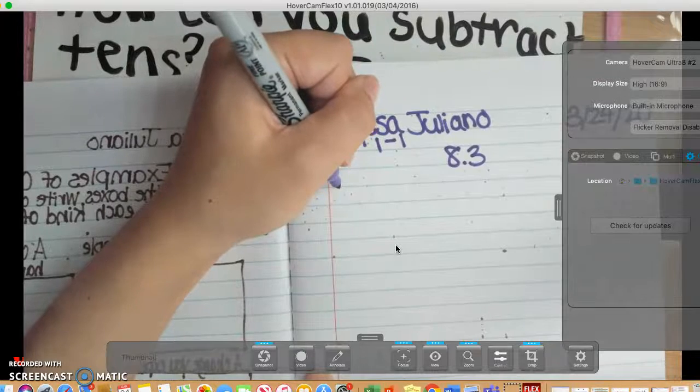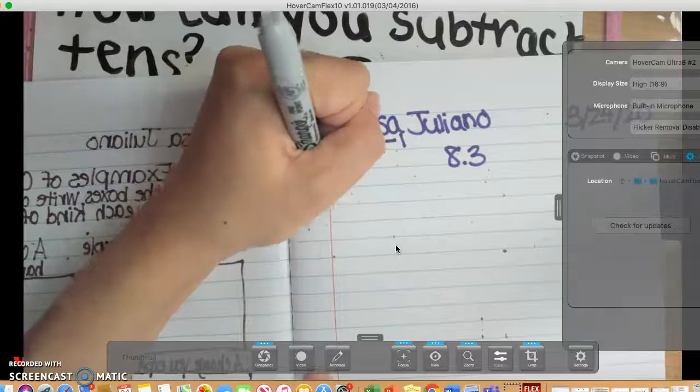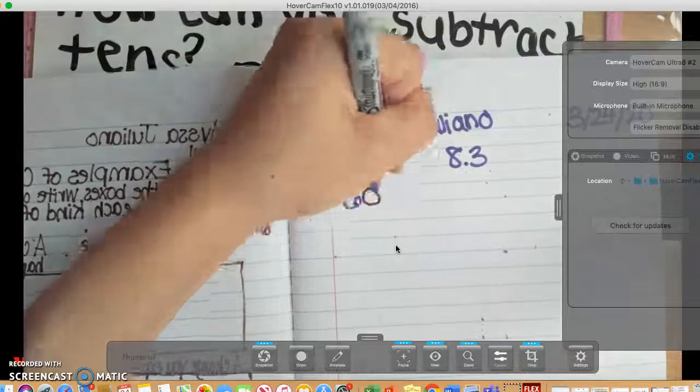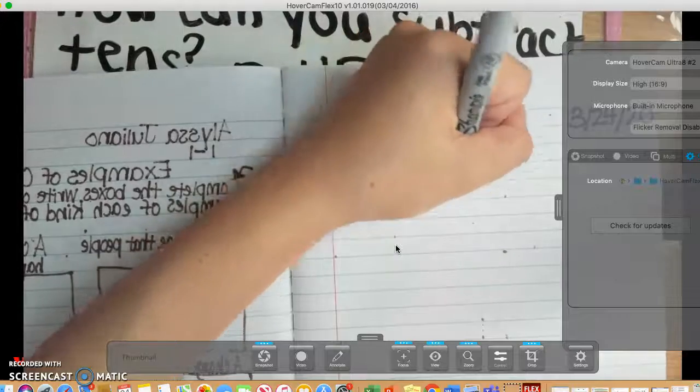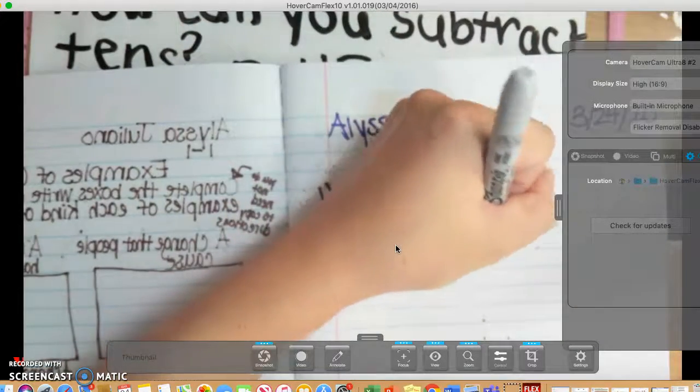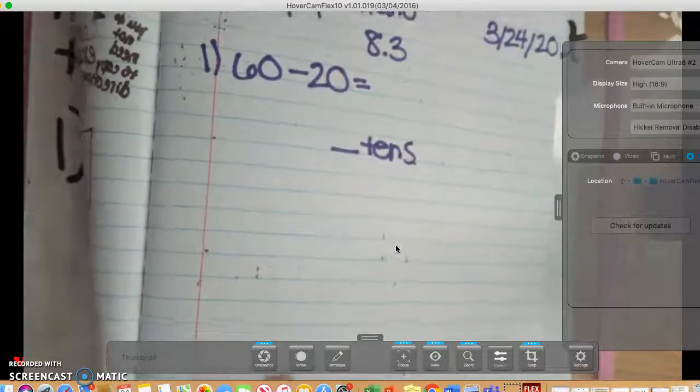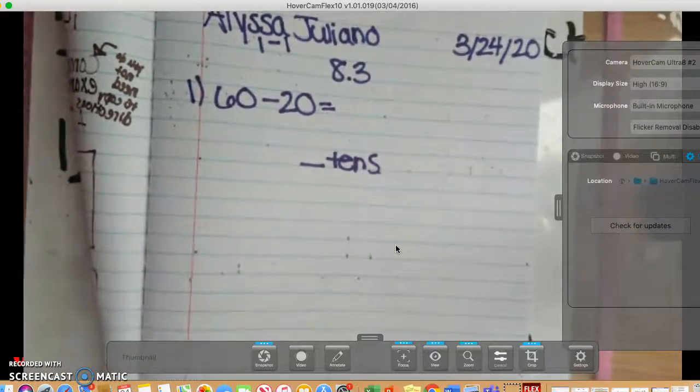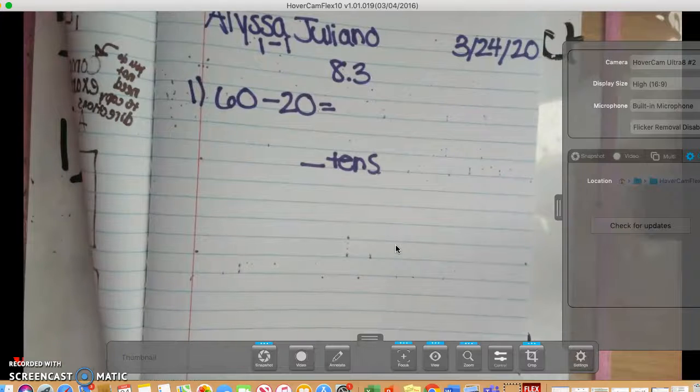The lesson is 8.3, and this is number 1. And I would just write 60 minus 20 equals blank, and blank tens, and show my work here. I'm actually going to do it up here, just so people who don't have their books can see how I do it.